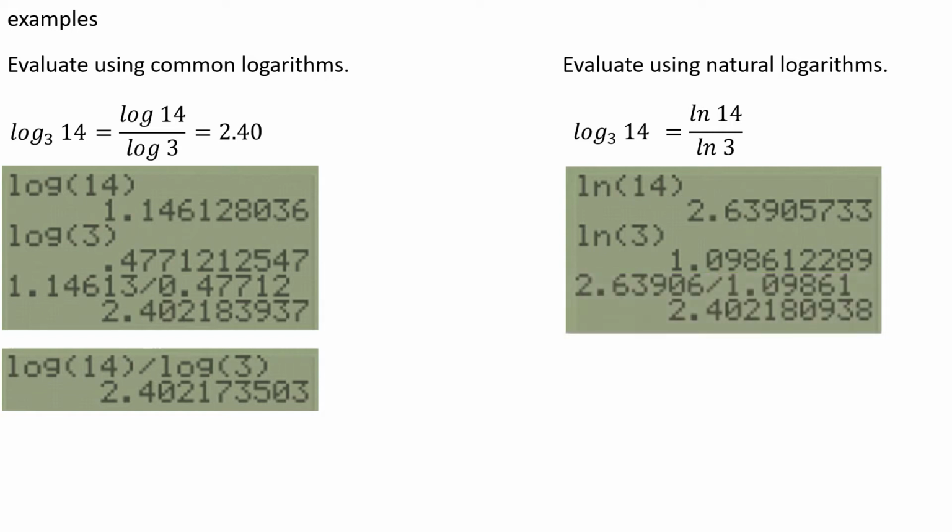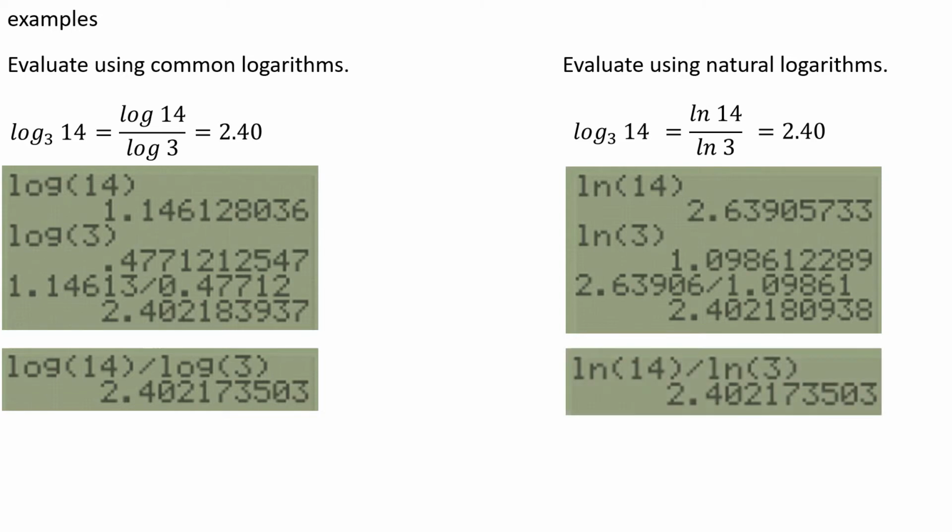Let's divide. Holy cow, when I take the natural log of 14 and divide it by the natural log of 3, I get just about the exact same answer. I'm getting real close to 2.40. Now, it doesn't look totally identical, but again, that's because I rounded off. If I just ask the calculator to straight out do natural log of 14 divided by natural log of 3, I get the exact same result on the calculator that I did when I did log 14 divided by log 3.